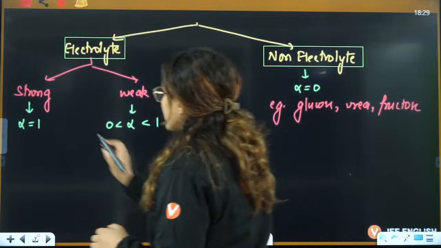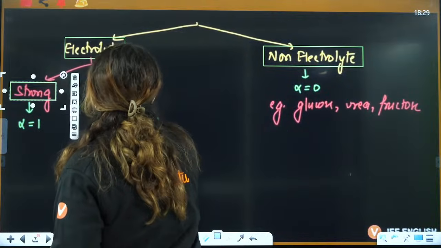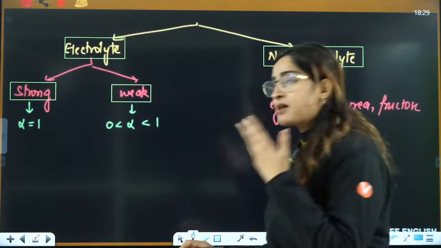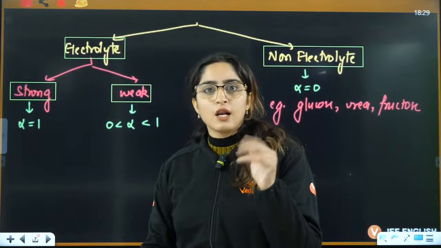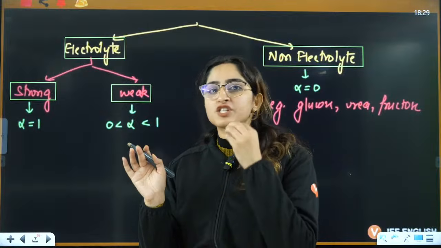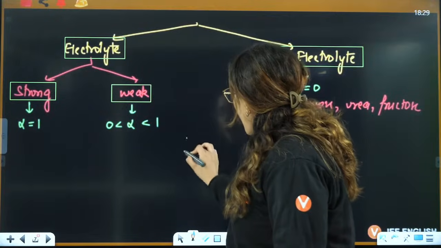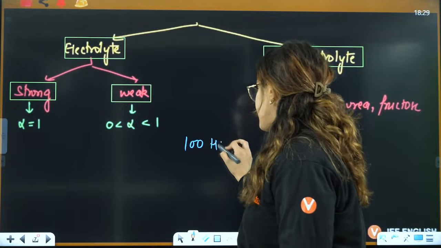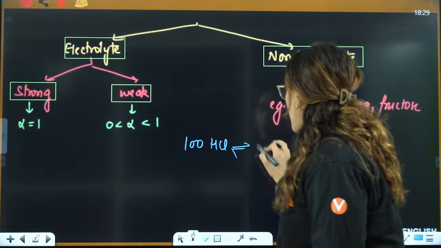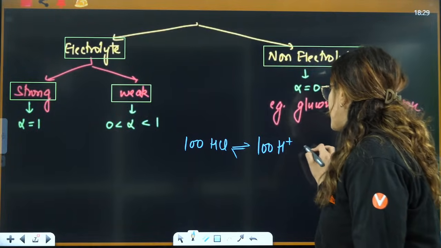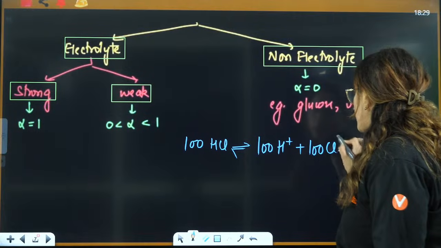Electrolytes are of two types: one is strong, the other is weak. A strong electrolyte is the one which has 100% dissociation. If you have 100 molecules of HCl, then after dissociation you will have 100 molecules of H positive and 100 molecules of Cl negative.